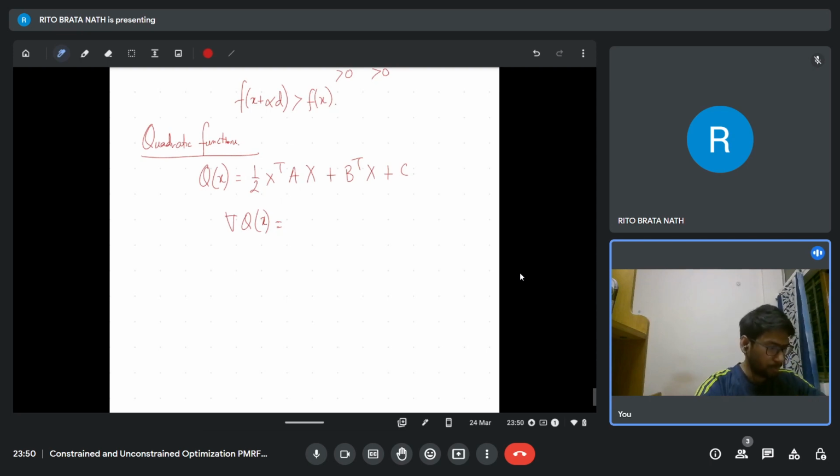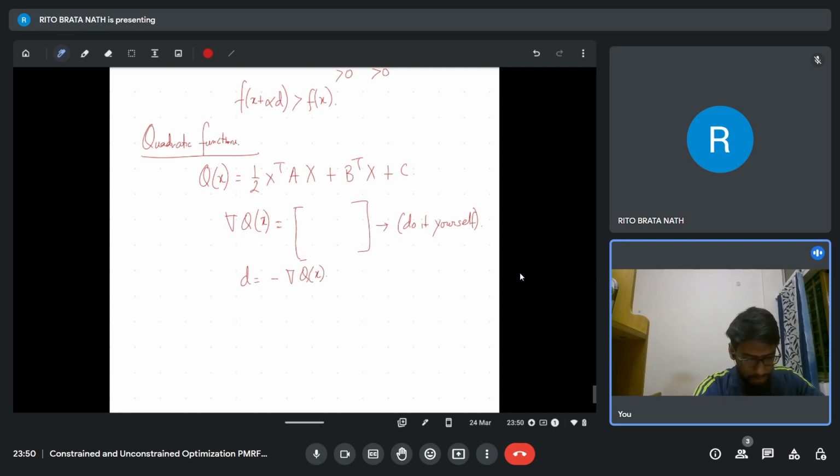I won't be going into the details of it because I think you can do it yourself. This is a direct assignment problem, but you have to just take the direction as minus of, say, delta q(x), and that will be a solution to the second problem.